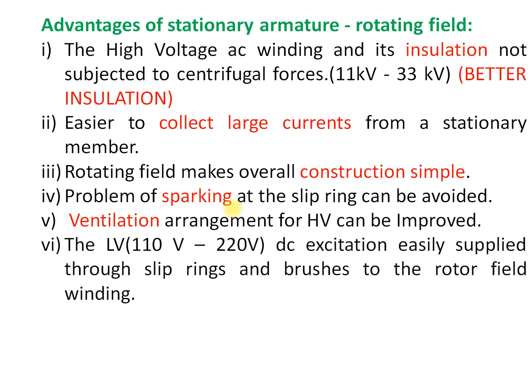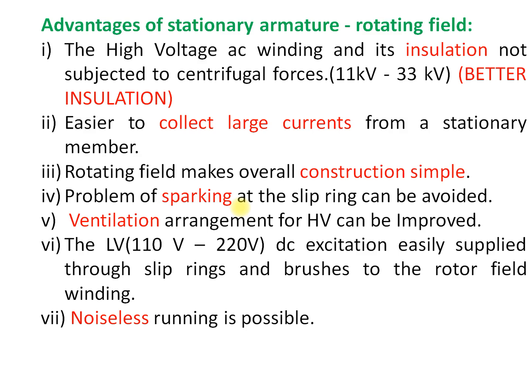The LV DC excitation is easily supplied through the slip rings and the brushes to the rotor field windings. That is also obvious. Noiseless running is possible, because we have very little weight on the rotor side due to the DC field winding on the rotor.